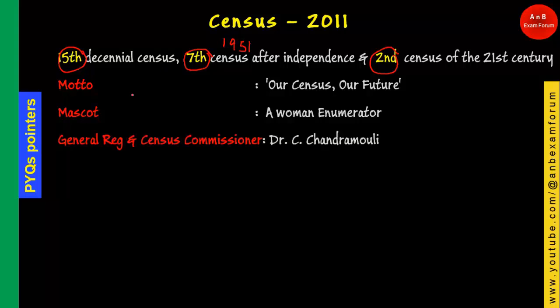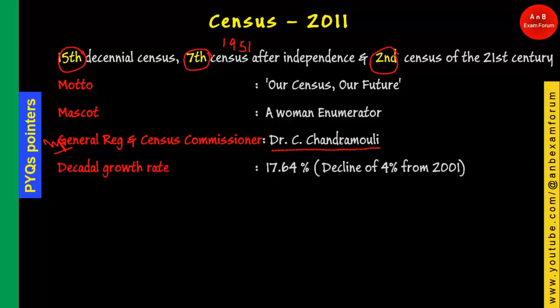And a very important one: the Registrar General and Census Commissioner who conducted census 2011 is Dr. C. Chandramouli. So who was the census commissioner at that time? It is Dr. C. Chandramouli.